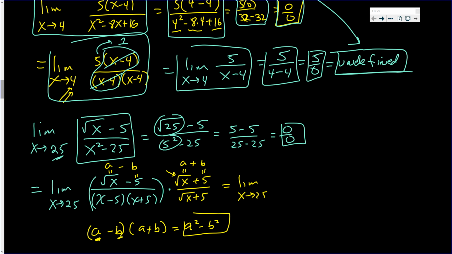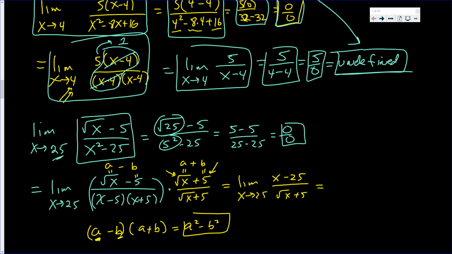A squared is x, b squared is 25, all over the square root of x plus 5.